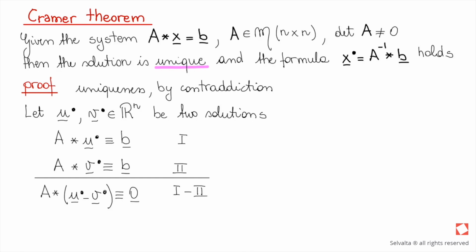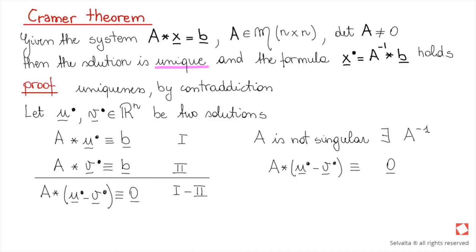Now, I remind you that the matrix A is non-singular, hence, there exists its inverse matrix A minus 1. I will now multiply by the inverse of A each side of this identity, the multiplication being from the left. Again, we use the associativity property of the product and multiply first A minus 1 times A, and then we will multiply by the difference of the two vectors u dot and v dot.